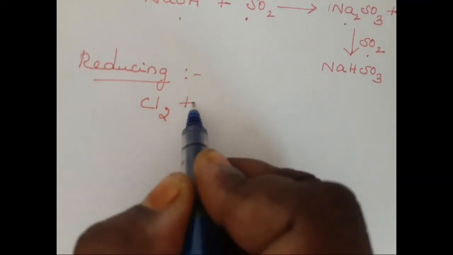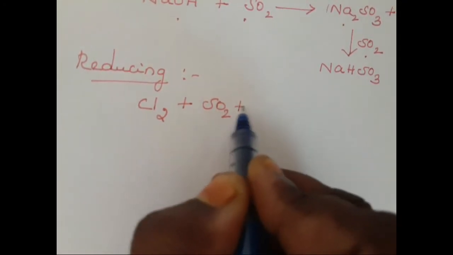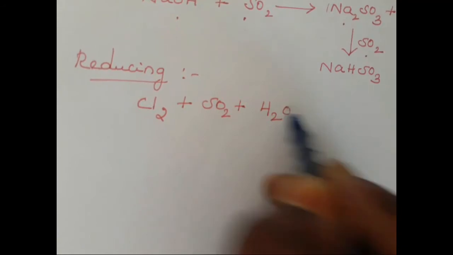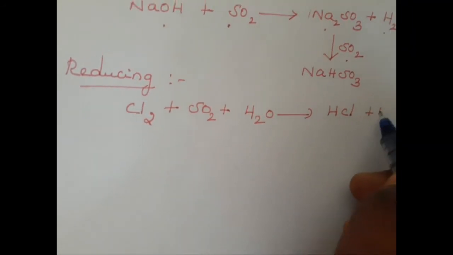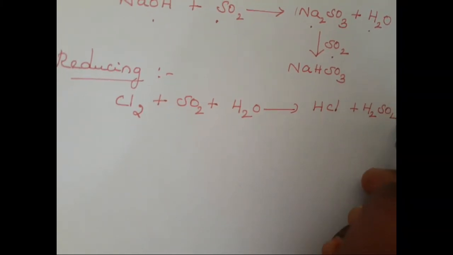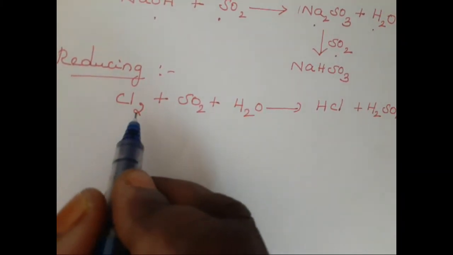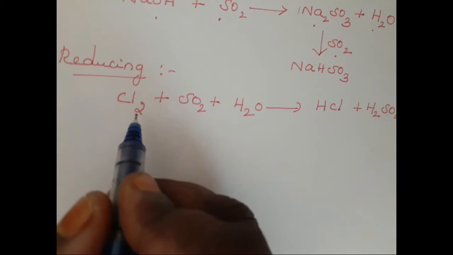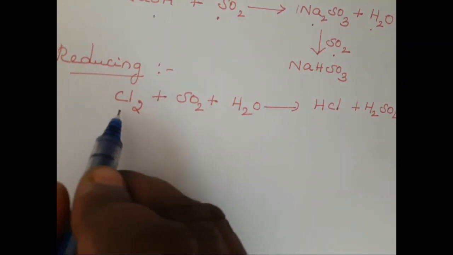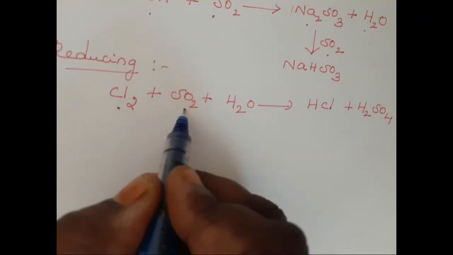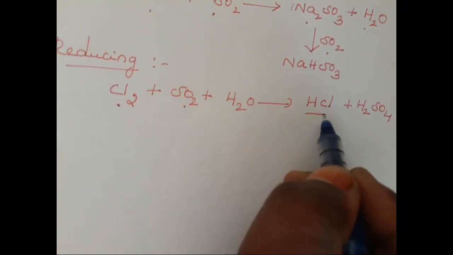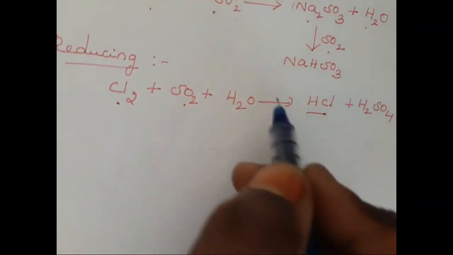Chlorine, when treated with sulfur dioxide, produces hydrochloric acid and sulfuric acid. Right children, listen here. Sulfur dioxide reduces halogens to halogen acids. For example, we have taken chlorine here. Chlorine, when treated with sulfur dioxide, you get hydrochloric acid and sulfuric acid.